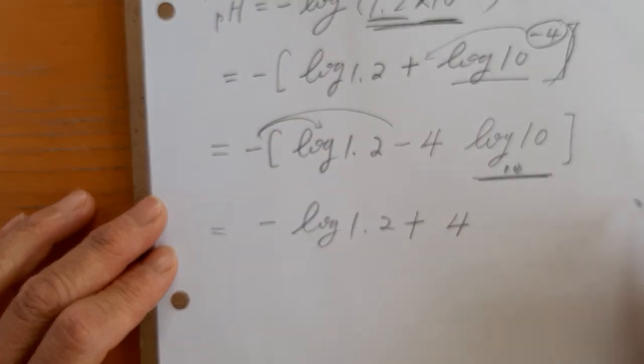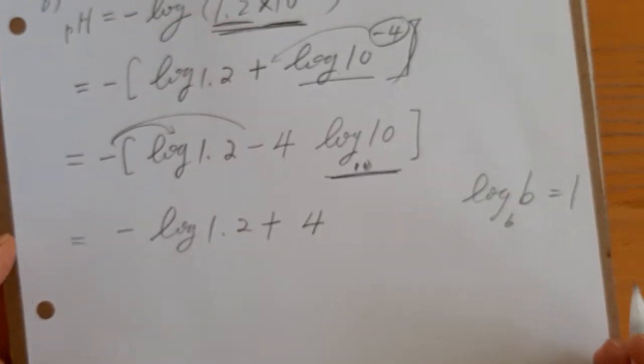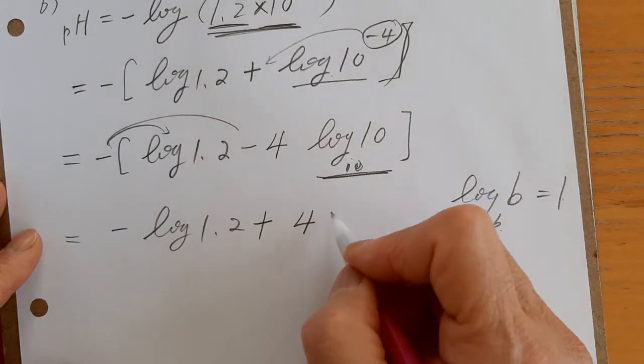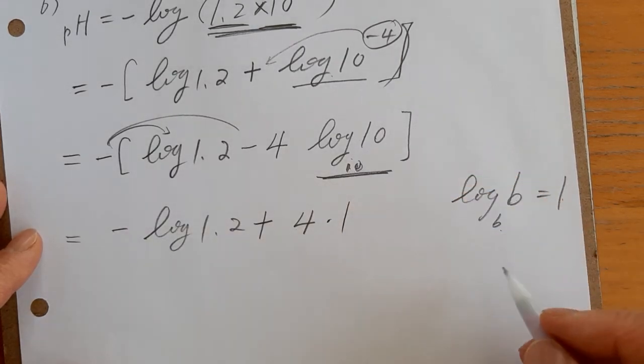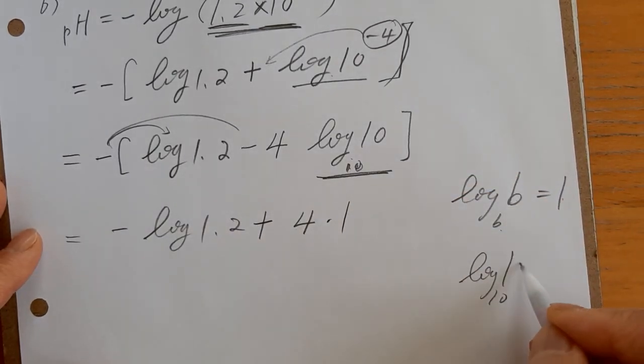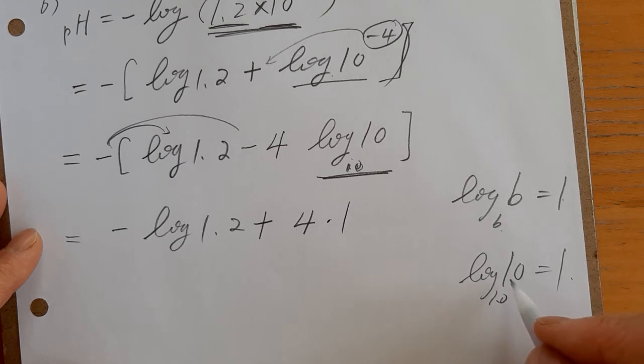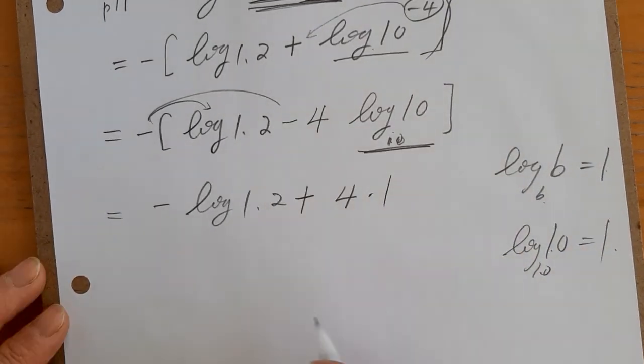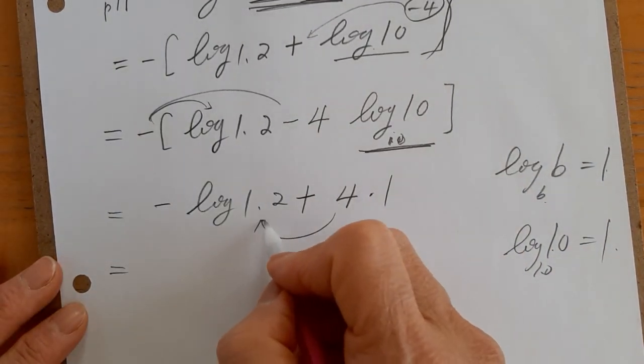What is log 10 of 10? Because log base b of b equals 1, since b to the power 1 equals b, log 10 of 10 equals 1, because 10 to the power 1 equals 10.